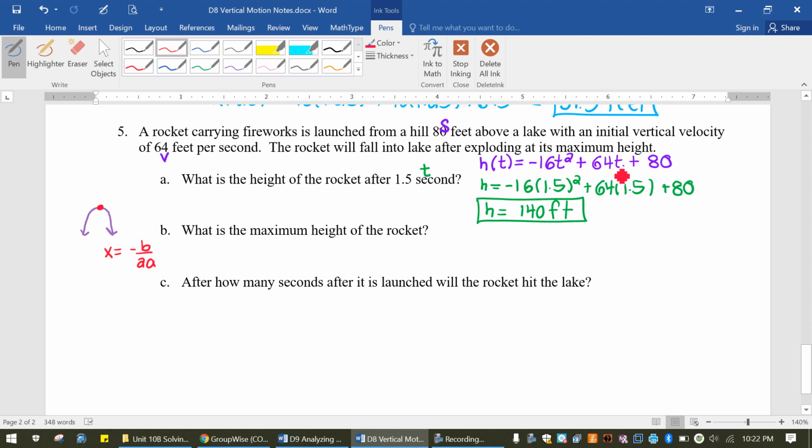The opposite of 64 is negative 64, over 2 times a, which is negative 16. So negative 64 over negative 32 means it takes 2 seconds to get to that maximum height.